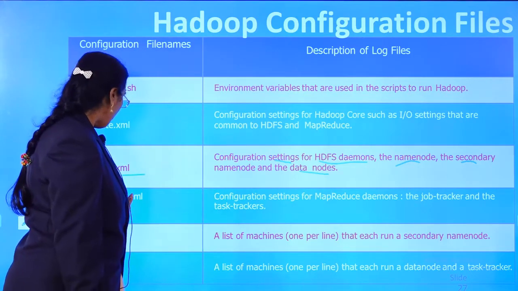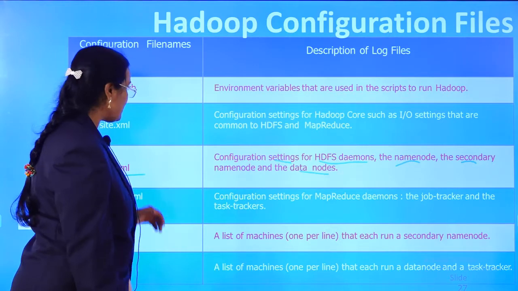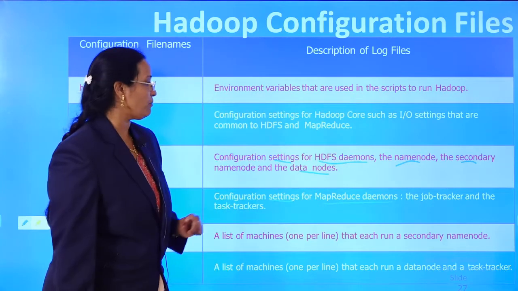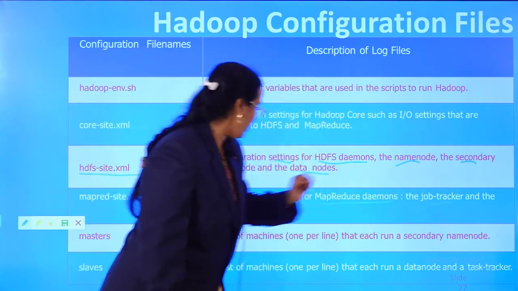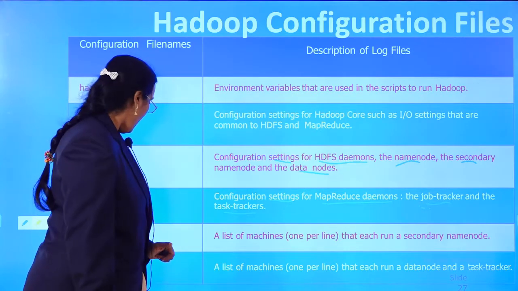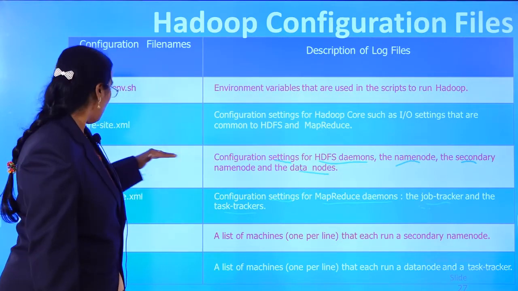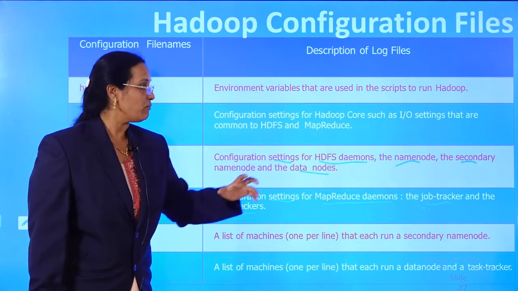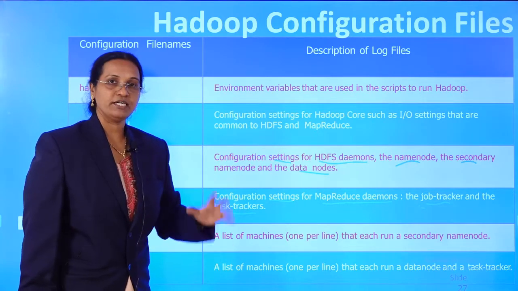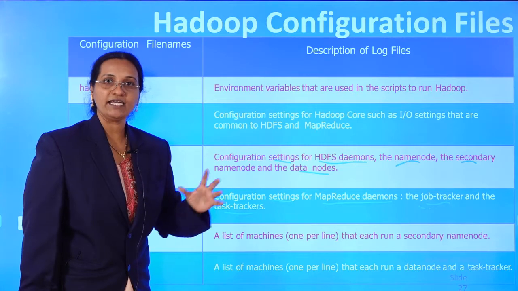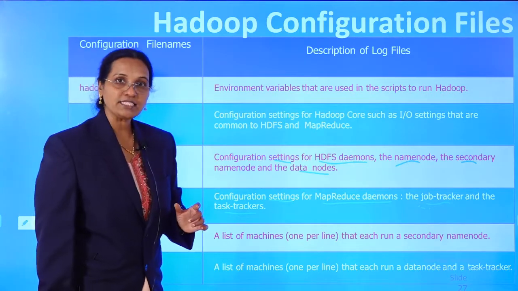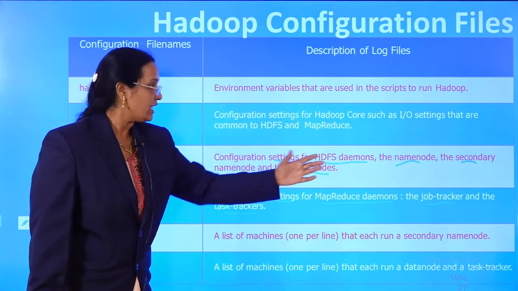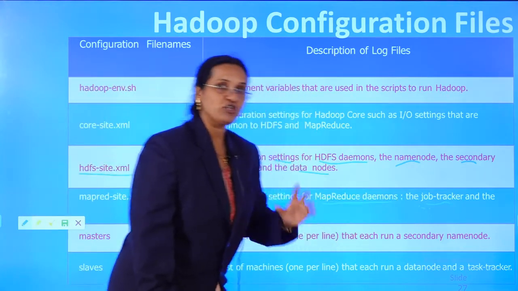The mapred-site.xml consists of settings for MapReduce daemons. What are the MapReduce daemons we have? Job tracker is one and task trackers. So hdfs-site.xml has information regarding the name node, secondary name node and data node daemons, whereas mapred-site.xml consists of daemons related to MapReduce such as task tracker and job tracker.